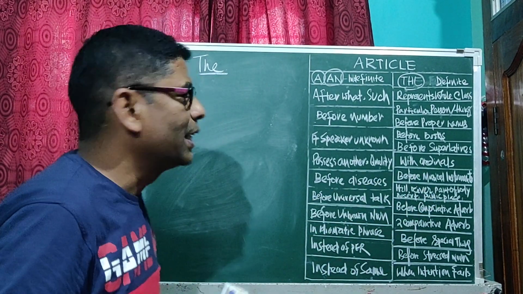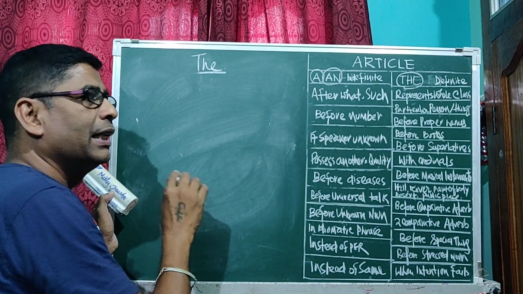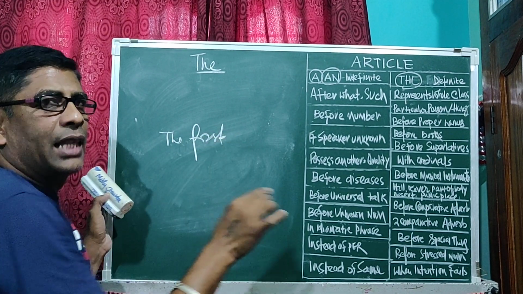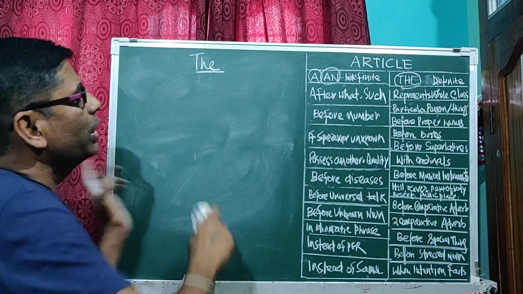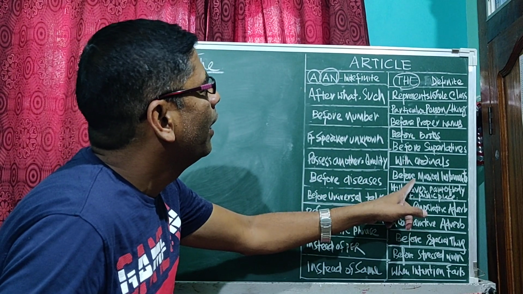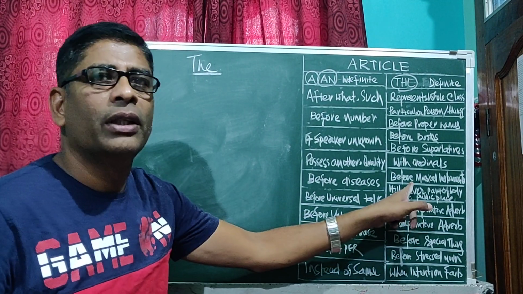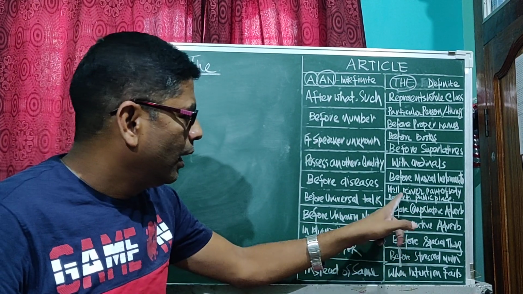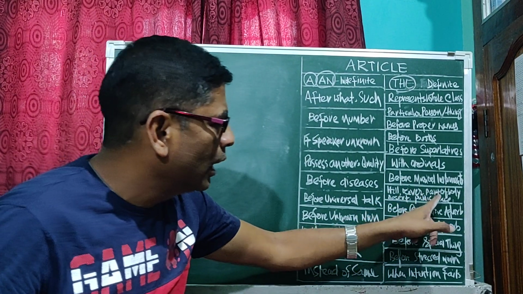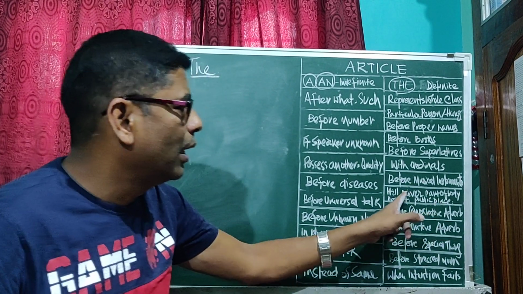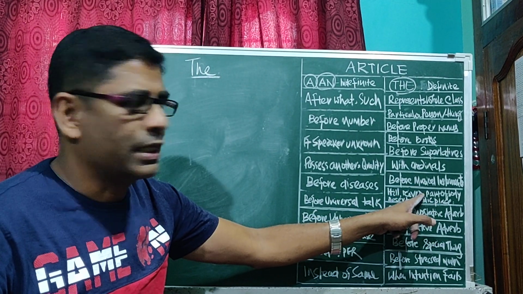With ordinals: he is the first, he is the second, he is the third. Before musical instruments: the piano, the harmonium. Before hills, rivers, parts of the body, deserts and public places: the Himalayas, the Ganga, etc.